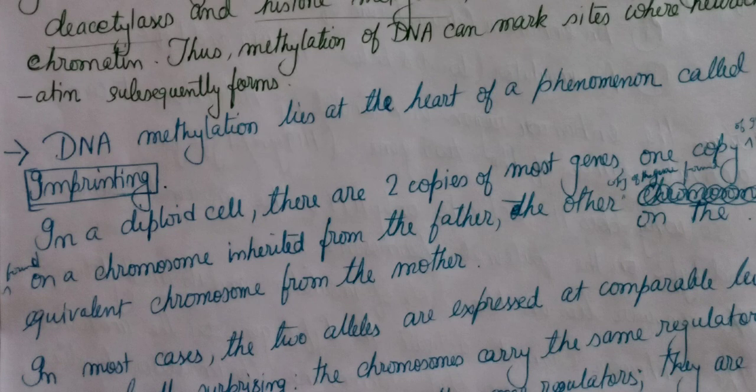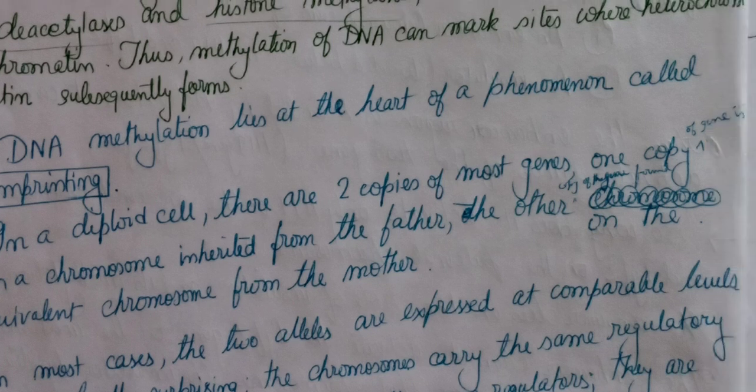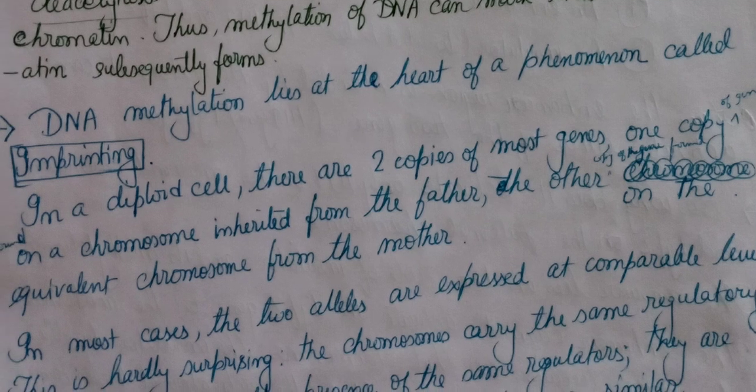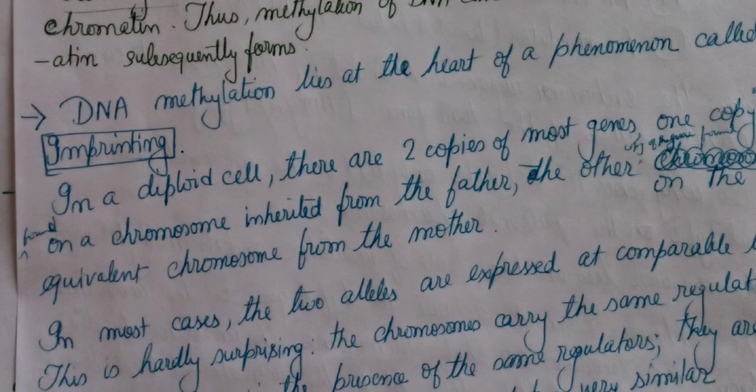Now in a diploid cell, you know, 2n, having two sets of chromosomes, one set from father, one set from mother. So in a diploid cell there are two copies of most genes. One copy of a gene on a chromosome is inherited from the father and the other copy of the gene on the equivalent chromosome comes from the mother, right?